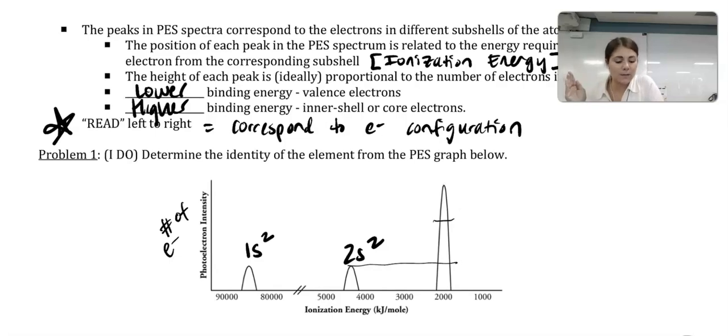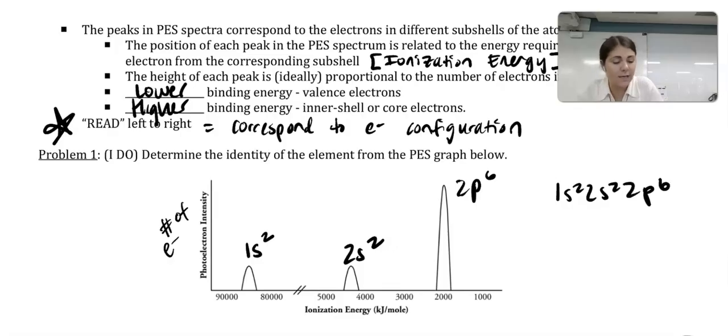So this peak should be the 2p6. So my electron configuration, putting it all together, is 1s2, 2s2, 2p6. And looking at our periodic table, the element that has this PES graph would be neon.